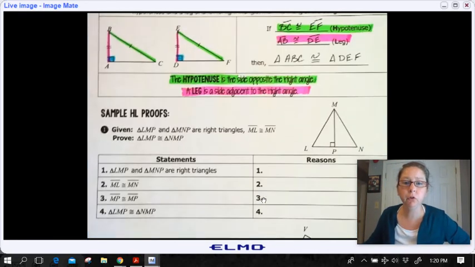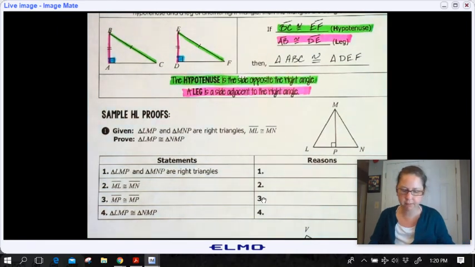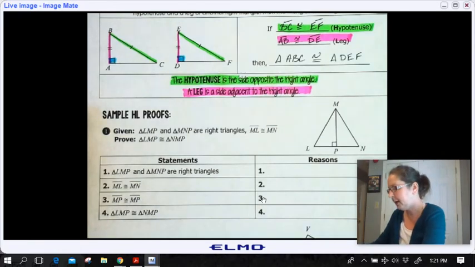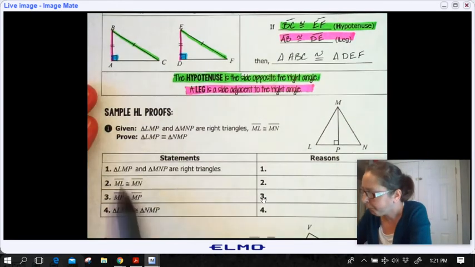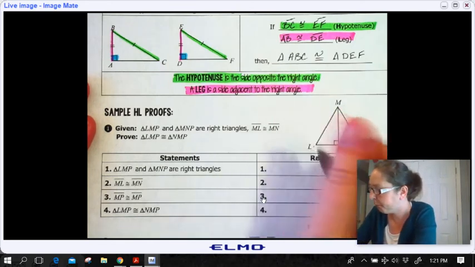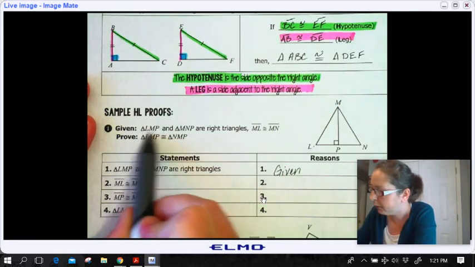So we're just going to look at two proofs that have to do with hypotenuse leg, and these are going to be pretty simple. All right, so they're giving me these statements. Triangle LMP, okay, and MNP are right triangles. That's given information right here.